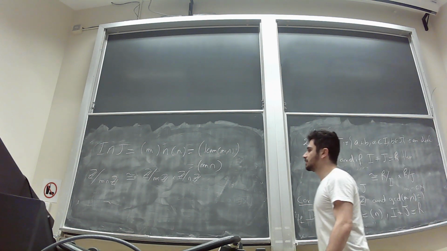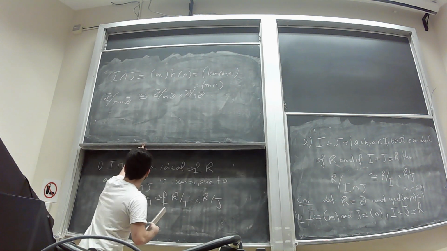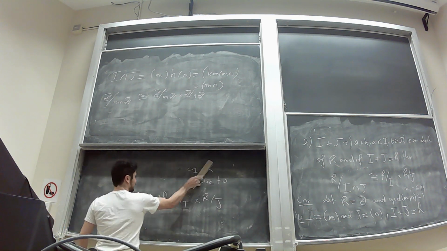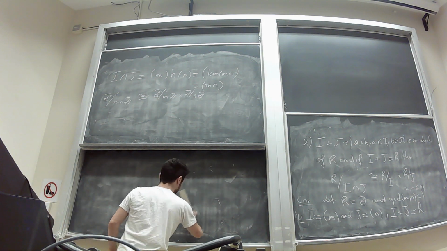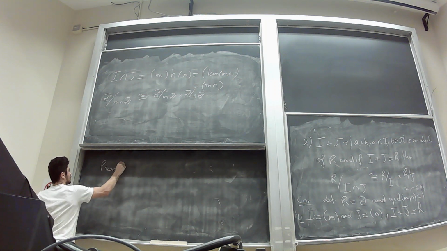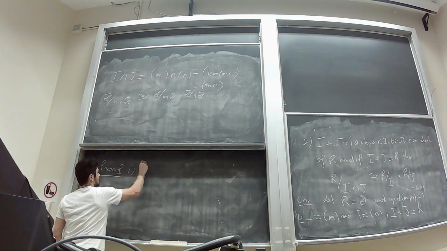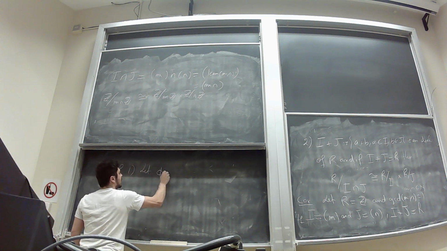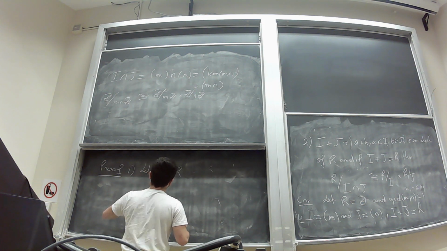Okay, so I'll prove the theorem. And then we go for one last one. Proof. So I intersection J is an ideal, right? Okay, let's do that. So first, let phi, let's say, what do you want to call the homomorphism?